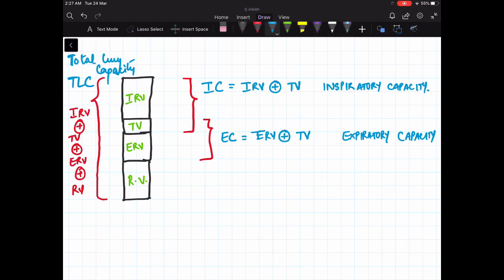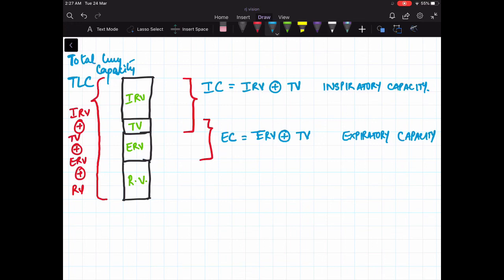Okay. Then, if I ask you what is the amount of volume that can be inspired and expired in totality, what is the total amount of volume you can inspire? Or what is the total amount of volume you can expire?